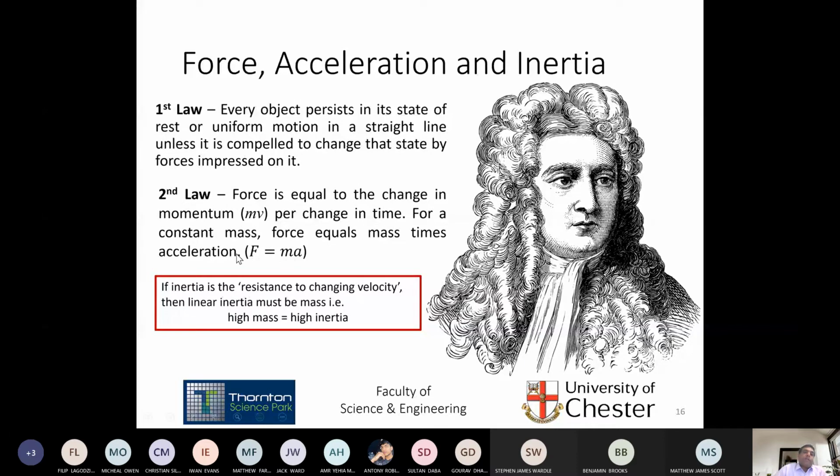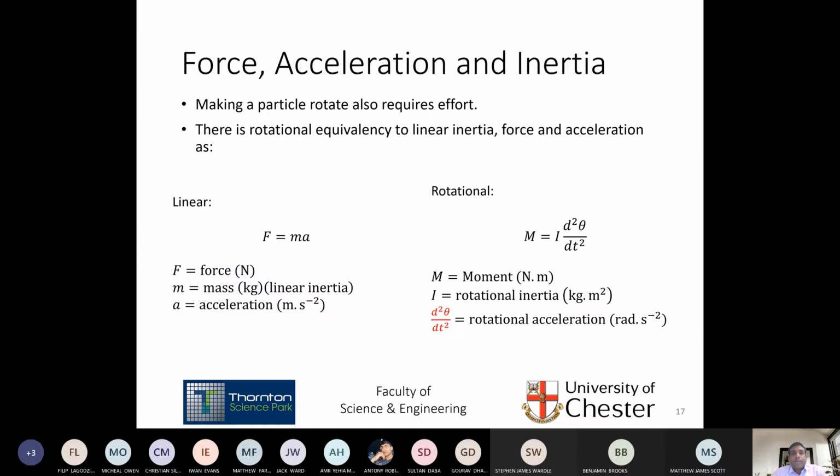For instance, in the equation F is equal to ma, if m is high and the force remains the same, the acceleration is lower because acceleration is F divided by m. Higher mass means the object resists more the change in its velocity. Okay, so that is a basic implication of Newton's laws.